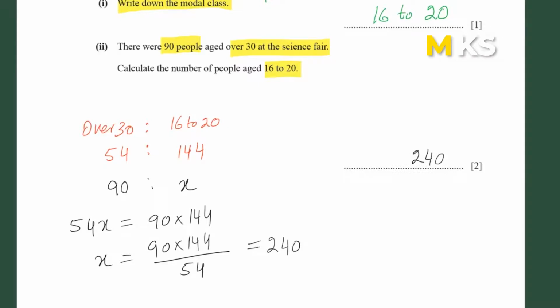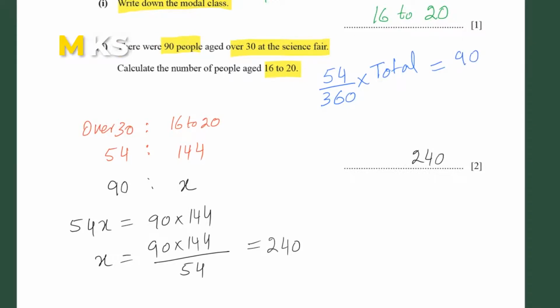Another way would be the angle 54 over 360, the angle of the sector over 360. 360 is the angle of the whole circle. That gives us the ratio of the number of people in that sector compared to the whole total. That multiplied by the total gives the number of people in that sector, which is given here as 90.